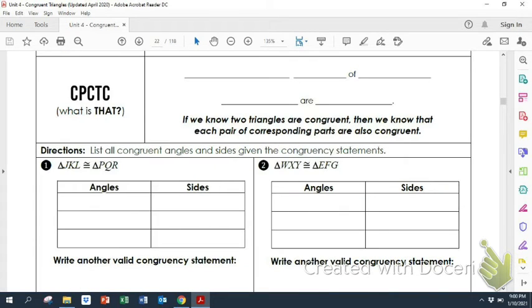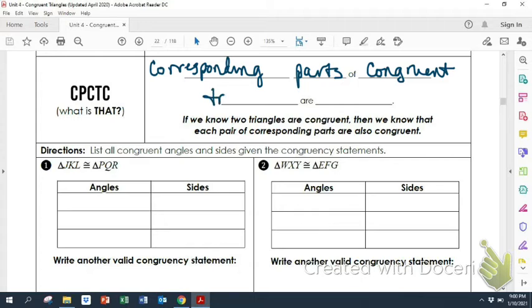So the next thing we're going to talk about is CPCTC. And what that means is that corresponding parts of congruent triangles are congruent.